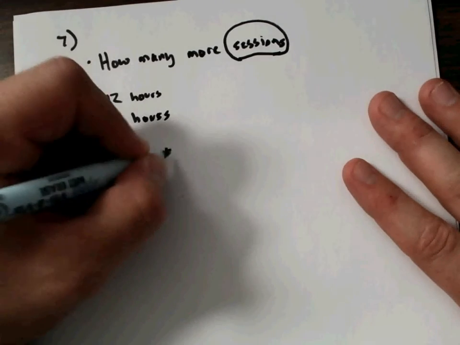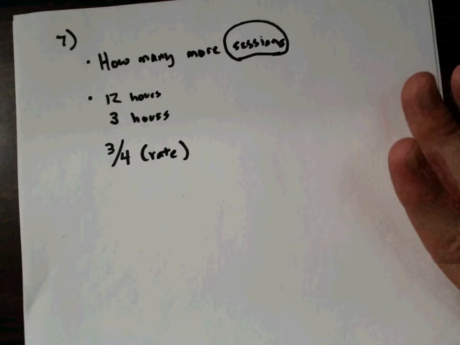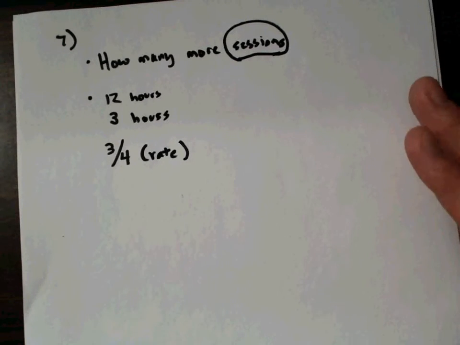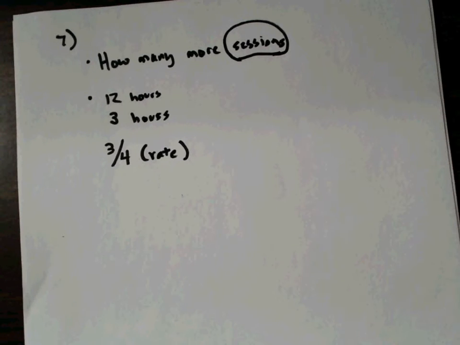How do we know that 3/4 is the rate for the hours? It says 3/4 of an hour is going to be the rate of the hours for each session. So this is our rate of change. It's our rate of change.